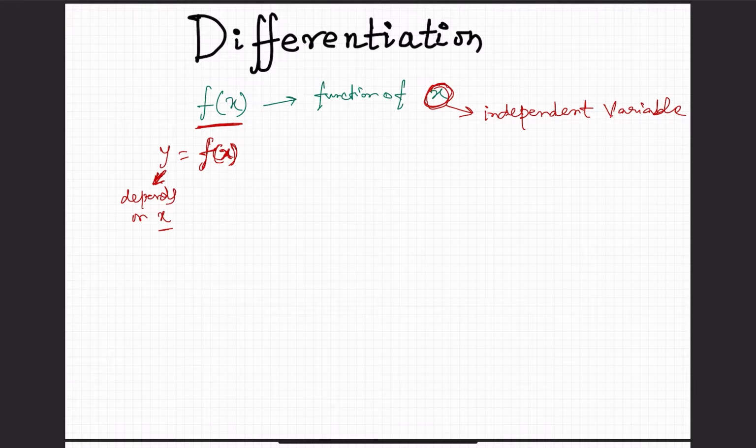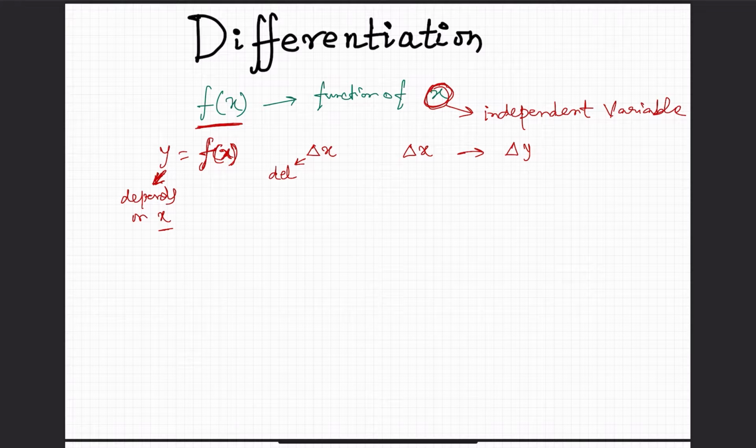Let us define the change of value of x as denoted by del x. This is the Greek letter del. So del x is the change in x, and accordingly the change in y can be denoted by del y.